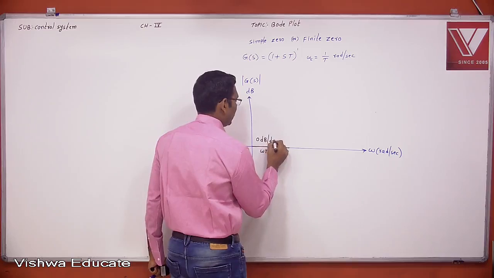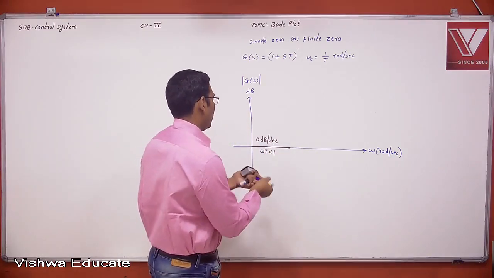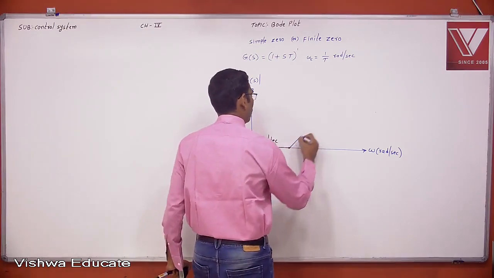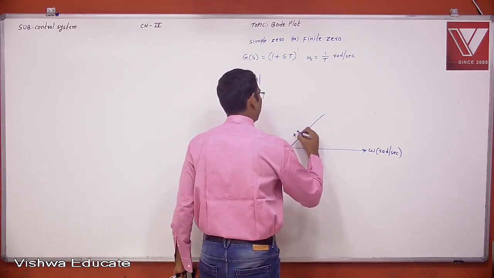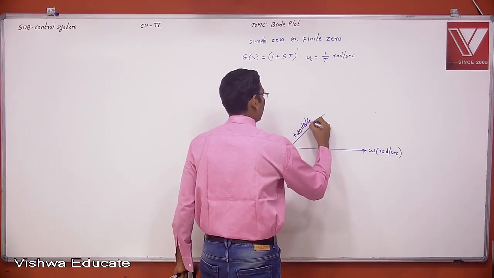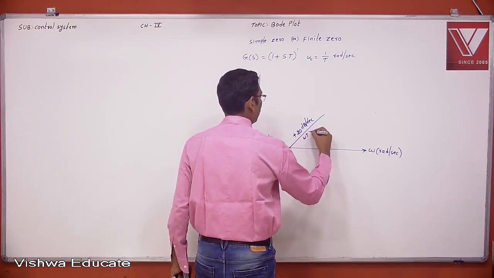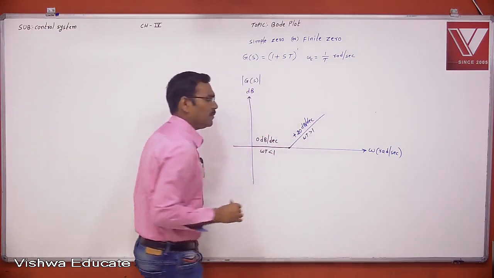But when omega T is far greater than 1, the slope is plus 20 dB per decade.